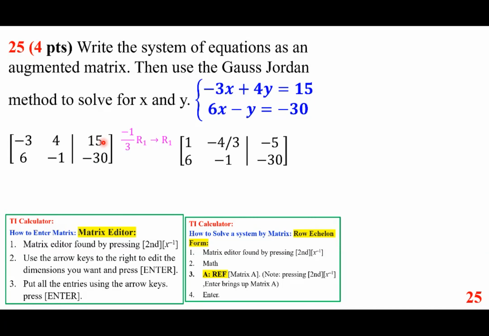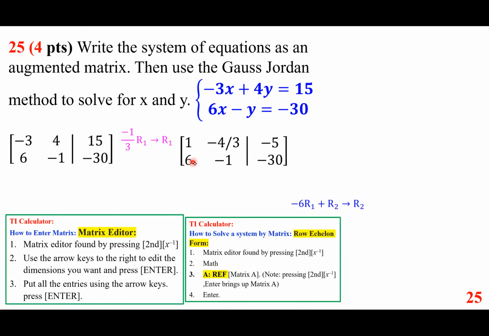The next step is to change this 6 to 0. First, you make this one 1 with everything underneath 0. Then you make this one 1, with everything at the top and bottom 0, and you move on. That is the methodology. If I multiply this one by 6 and subtract it from this one, this becomes 0.